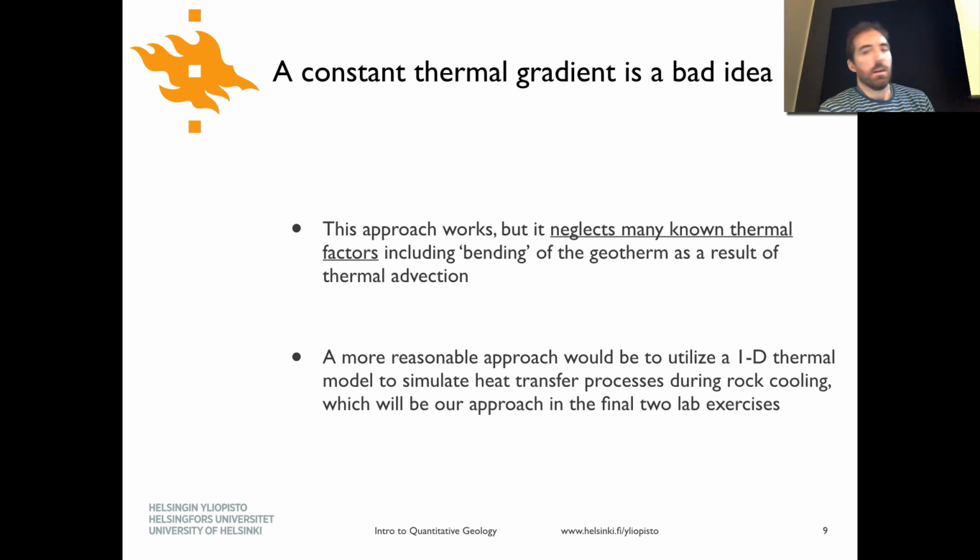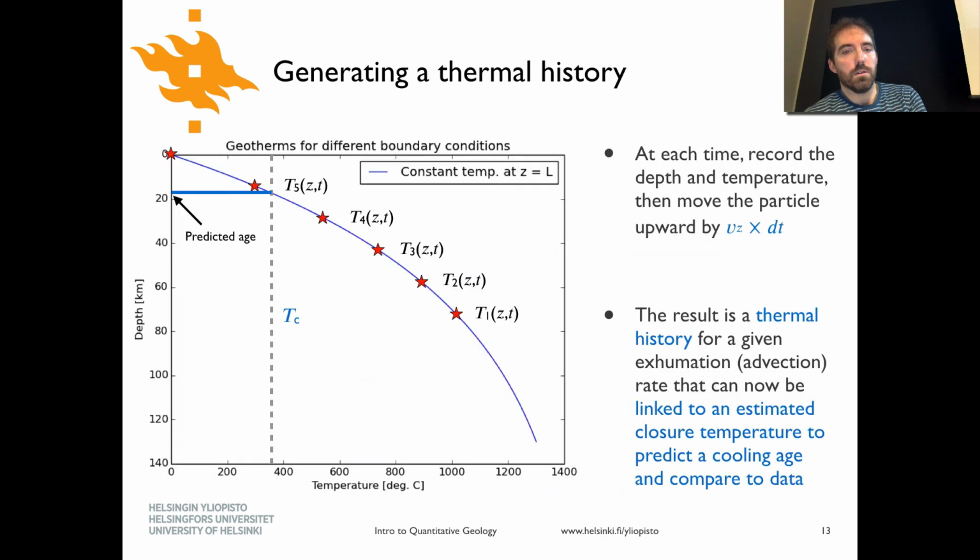So that's the key thing that's shown here. It's basically the idea of recording your temperature at different depths as the rock is cooling down. And if you record this, then you can figure out at what time do I go through this closure temperature.